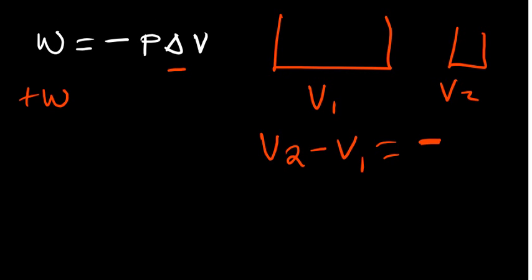When the container is compressed, work is being done on the system, so our work is positive. So the formulas are matching up. In case they give you constant pressure and a change in volume, be able to calculate the work.